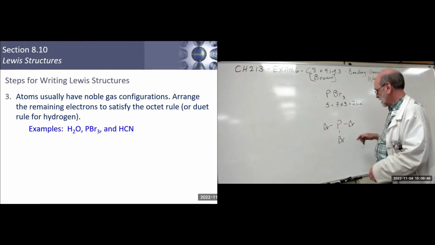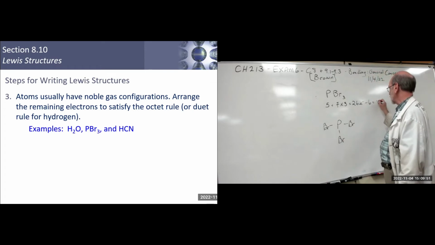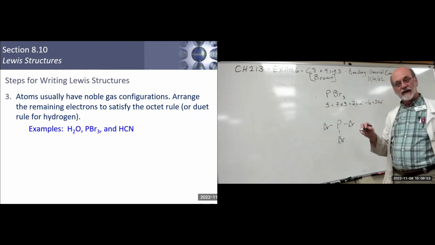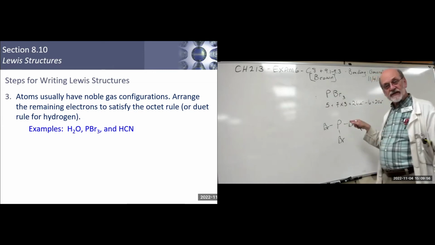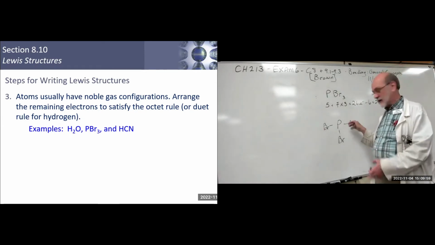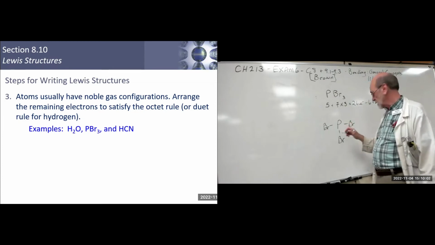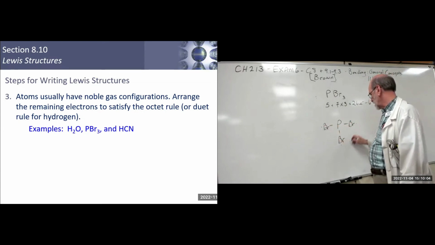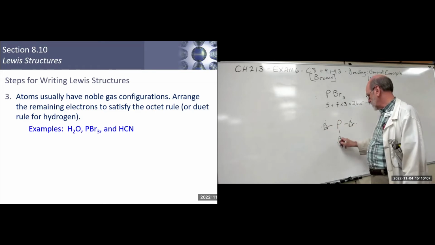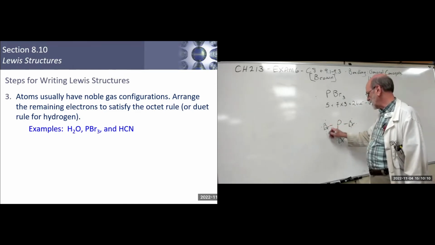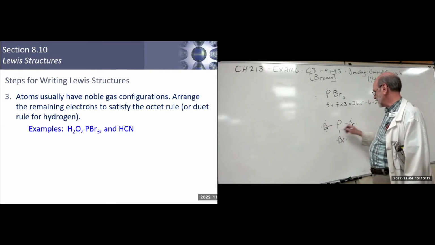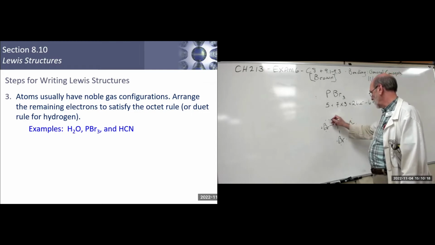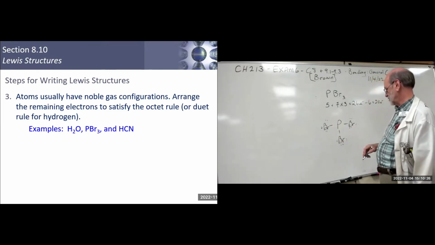Okay. So that's 2, 4, 6. Minus 6 equals 20 electrons left. Now we go round and round and we place electrons on the outer atoms until they get their octets. So 1, 2, 3, 4, 5, 6, 7, 8, 9, 10, 11, 12, 13, 14, 15, 16, 17, 18, right?